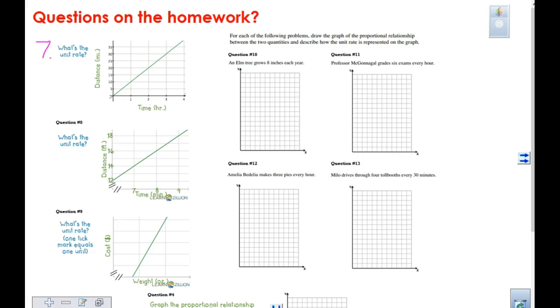I wasn't anticipating 5 and 6. Number 5 says, graph the relationship that is not proportional and discuss why.